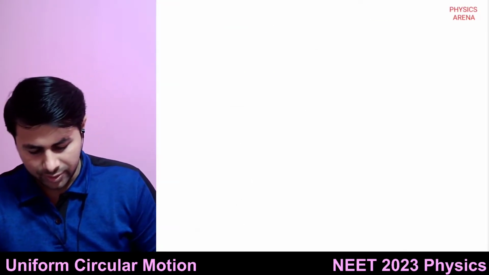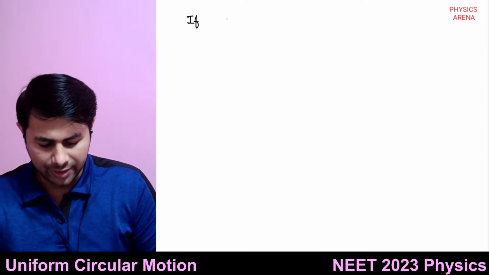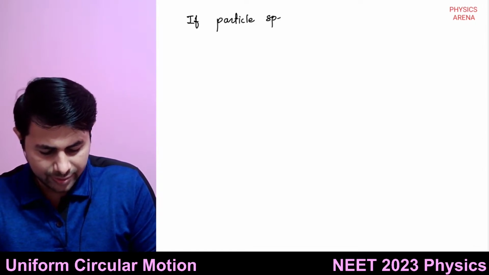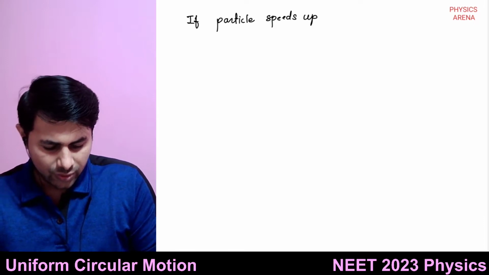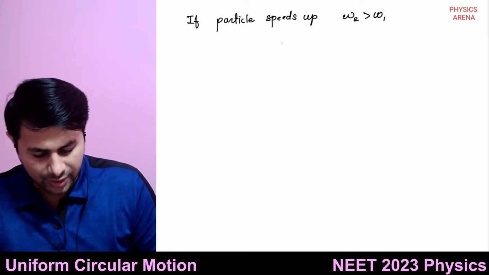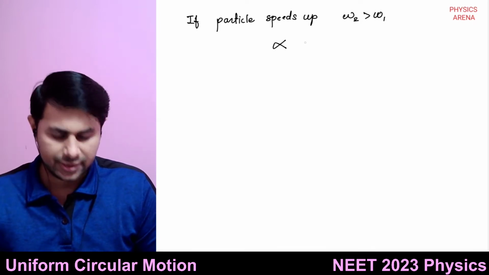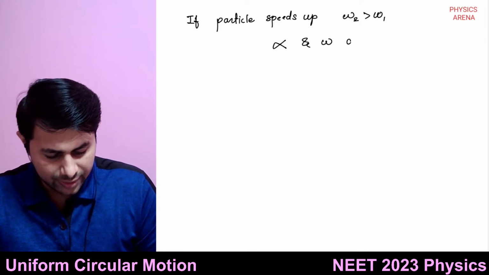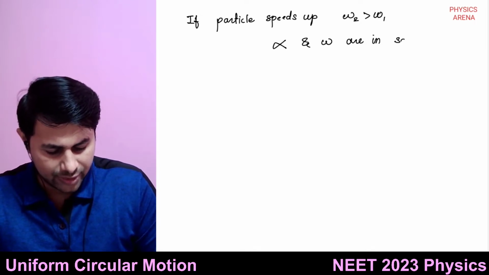So if the particle speeds up, omega 2 is greater than omega 1, then alpha and omega are in the same direction.